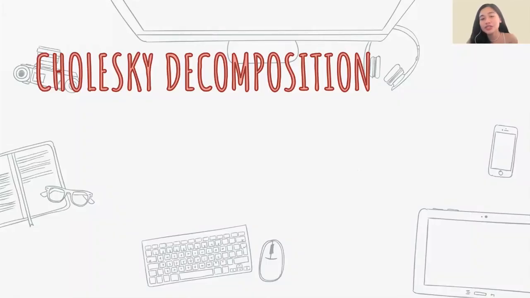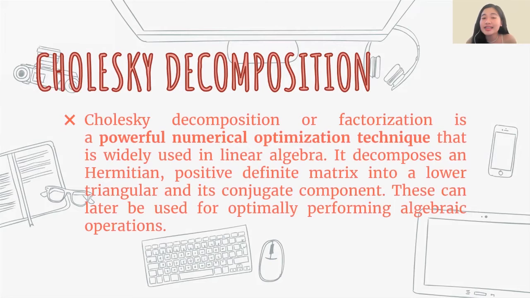Now, as for our Cholesky decomposition, it is known as a powerful numerical optimization technique that is widely used in linear algebra. It has this process of decomposing a Hermitian positive definite matrix into a lower triangular and its conjugate component. This can later be used in optimally performing algebraic operations.